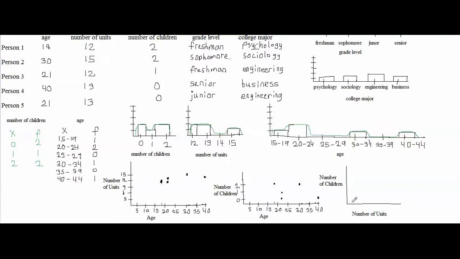Remember, number of units only has 3 different numbers inside of our data set. We only have 0, 1, and 2, which means we'll only have 3 tick marks.